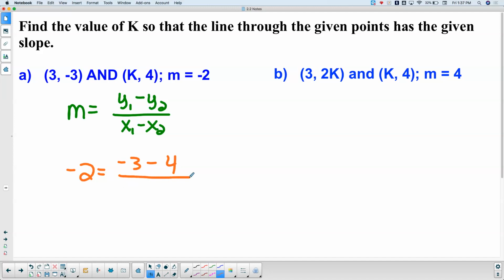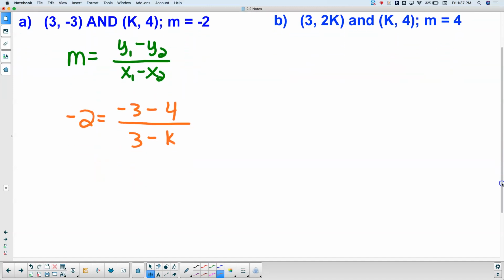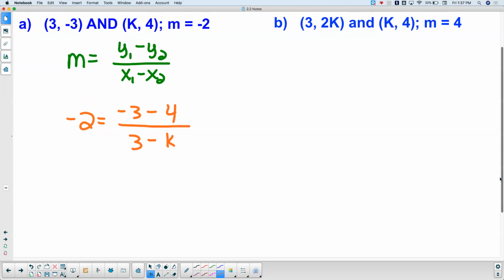I know that one x value is 3 and the other value is k. So you've got -2 here equals -7 over 3 minus k.